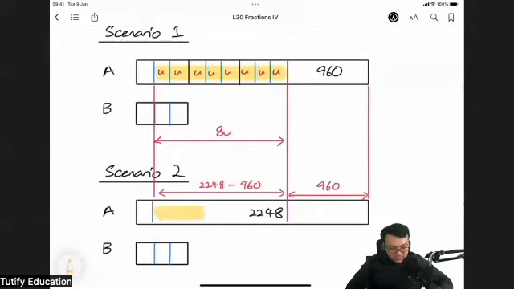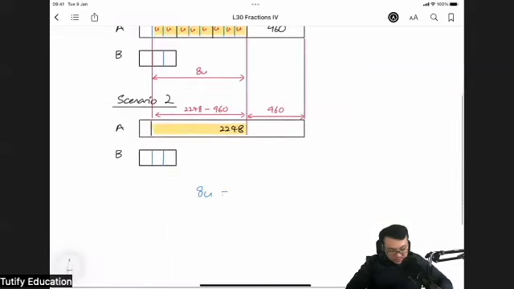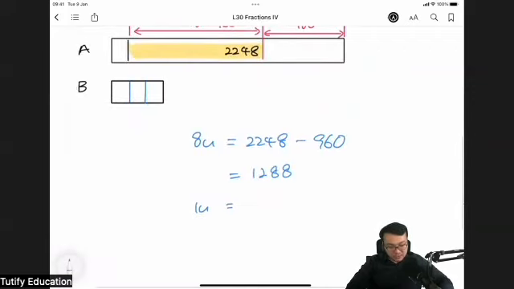It equals to this part. Yes or no? So if they are equal, then you can write them down. You can write down 8 units equals to 2248 minus 960, and that will give us 1288. So now you want to find 1 unit. 1288, you divide by 8, we get 161.